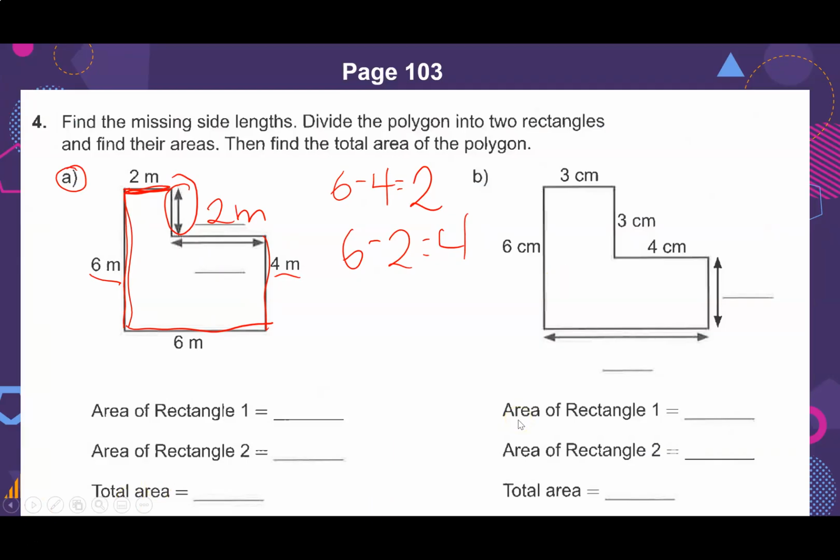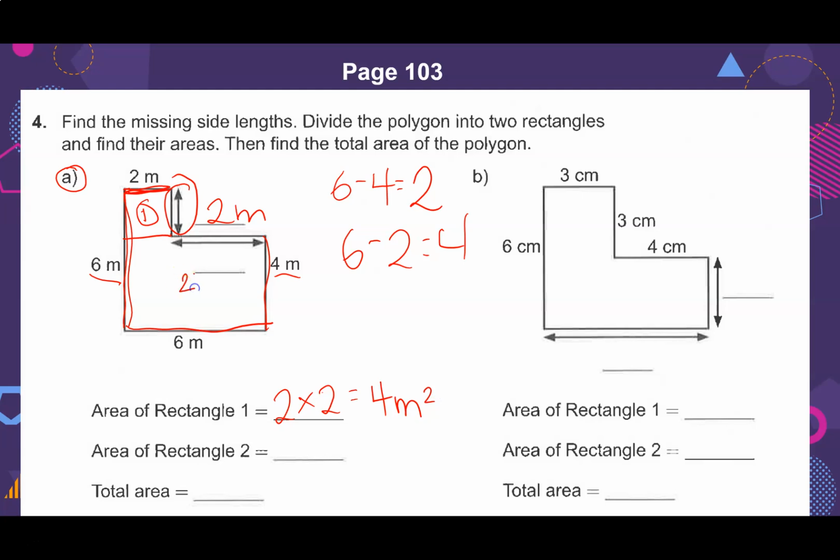Let's call this top rectangle, rectangle 1. This rectangle is 2 meters by 2 meters. The area is then 2 times 2 is equal to 4 meters squared.